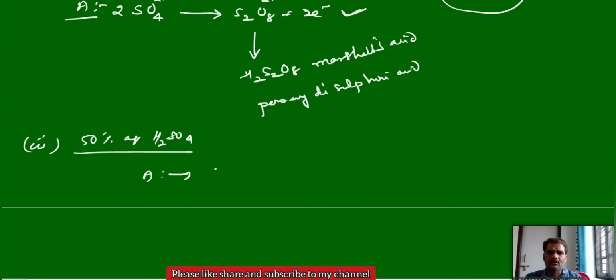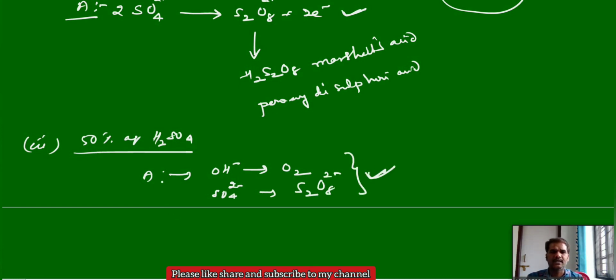So at anode, OH minus can liberate oxygen, and also sulfate can give S2O8 2 minus ions. So both reactions can take place at anode if you use 50% H2SO4. Again, cathode reaction as usual, common liberation of hydrogen. Again, these 3 points you should remember with respect to the H2SO4: when you use dilute condition, high concentration condition, and 50% aqueous H2SO4.